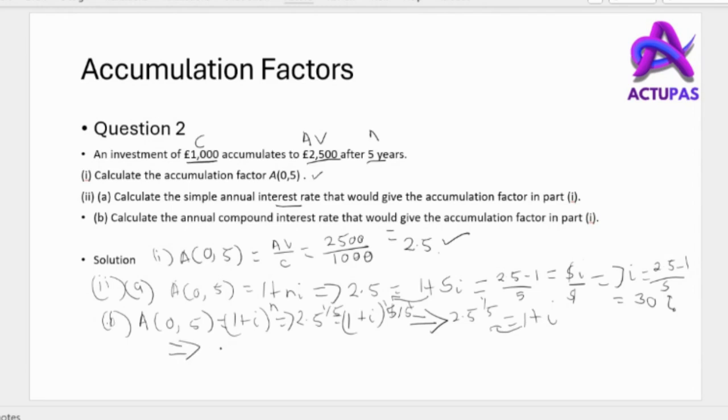It becomes I is equal to 2.5 to the power 1 over 5 minus 1. Using a calculator, we see that 2.5 to the power 1 over 5 minus 1 is 20.1%. So we've managed to verify this. We've calculated the simple interest rate of 30% and a compound interest rate of 20.1%.